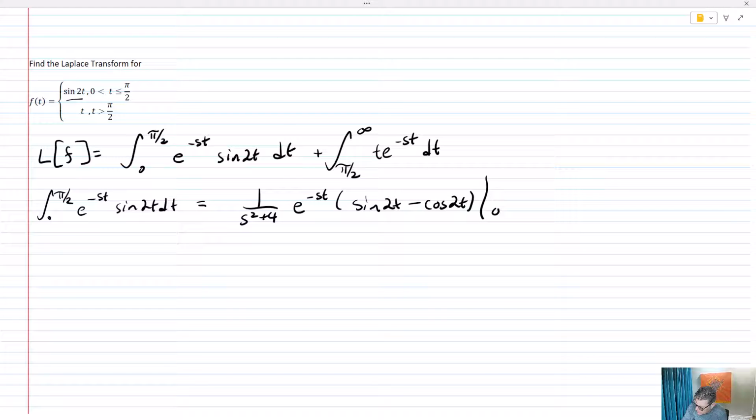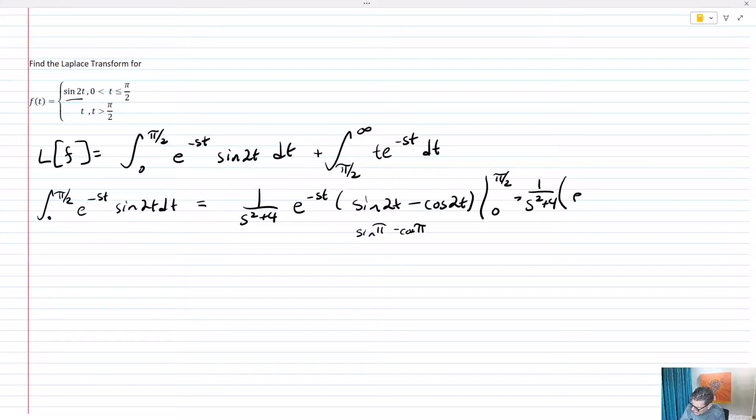And we'll evaluate that from 0 to pi over 2. So this is going to give me 1 over s squared plus 4, and so we got e to the negative pi over 2 s, multiplied by sine of pi minus cosine of pi. So that actually ends up being negative 1.